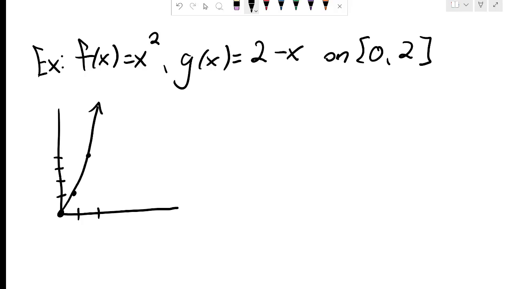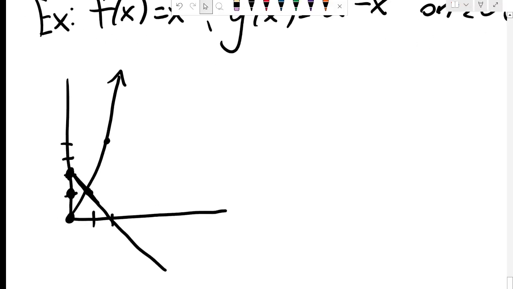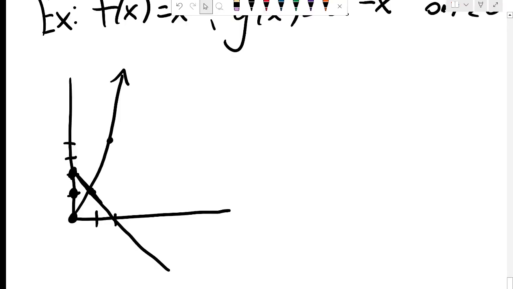And then for 2 minus x, sorry, ignore that point. This is the point, and then it's going to go down right here, going through 2. So this little triangle on the inside here, this is what we're focusing on.